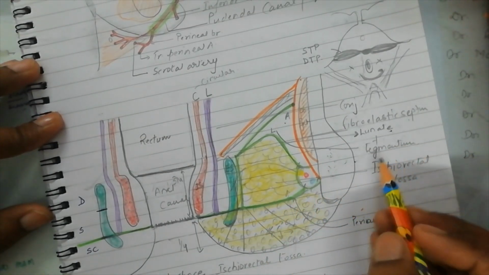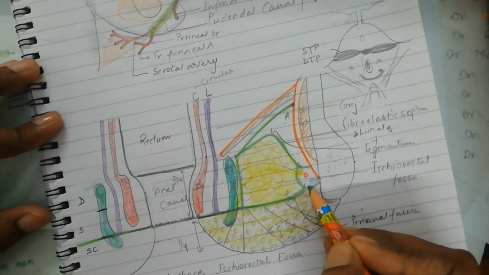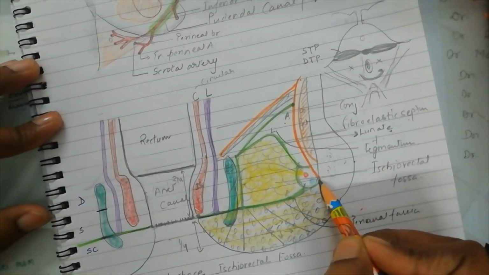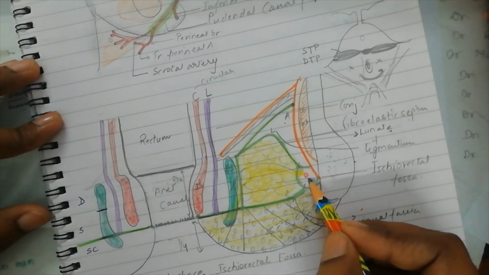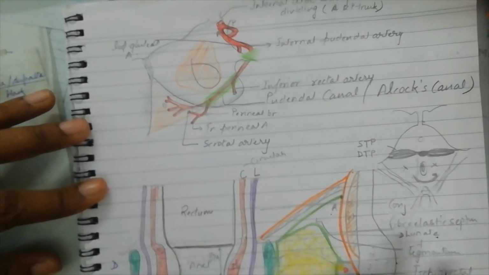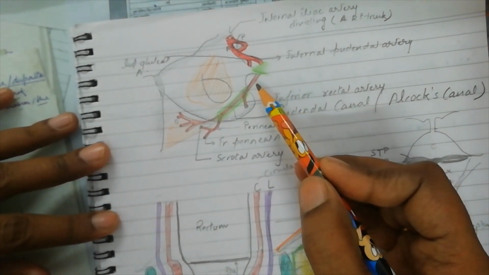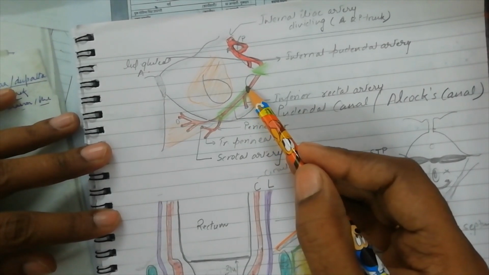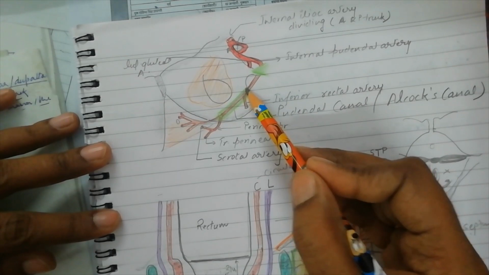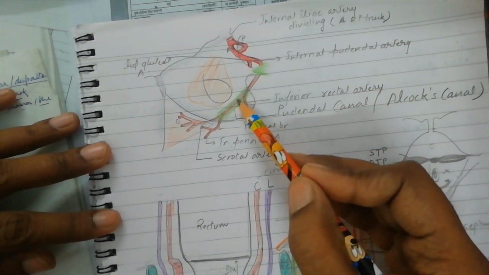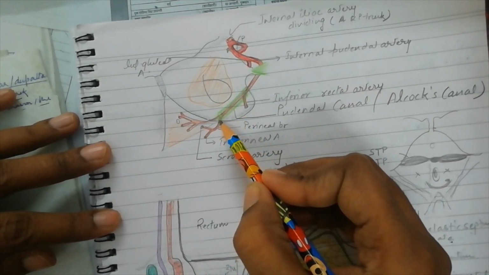Okay. So here this pudendal canal is formed along the lateral pelvic wall opposite the ischium bone. More clearer in this picture, the extension of this pudendal canal is from the lesser sciatic notch, midpoint of this lesser sciatic notch, towards the deep perineal pouch.